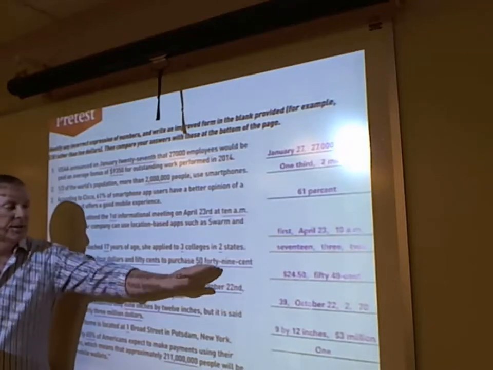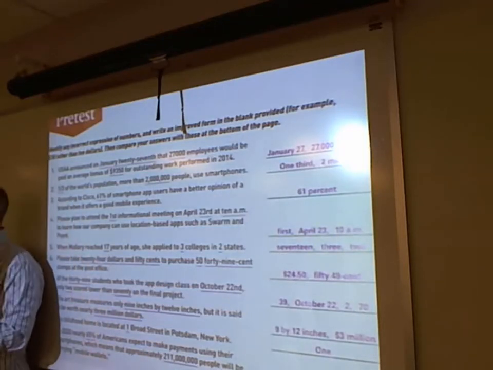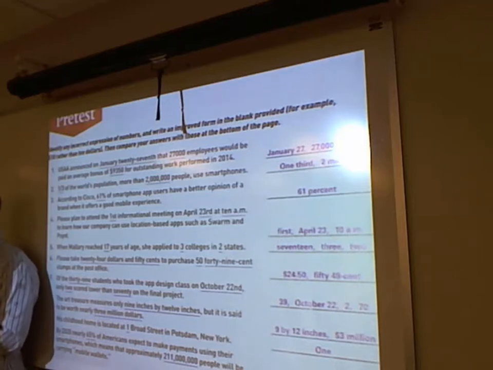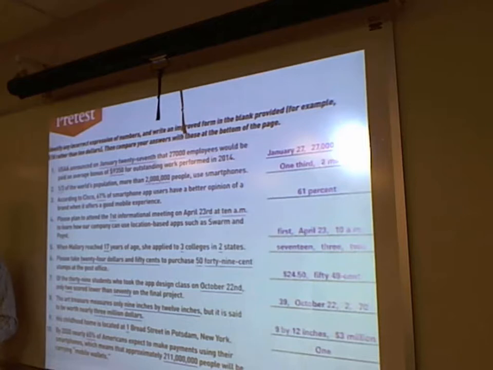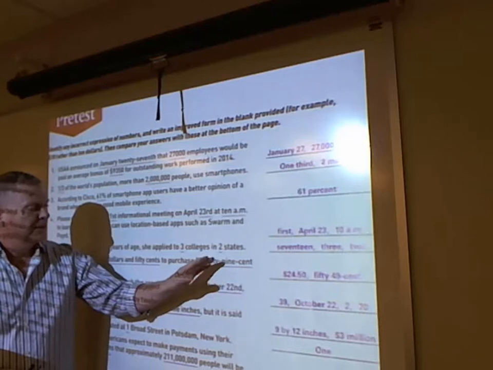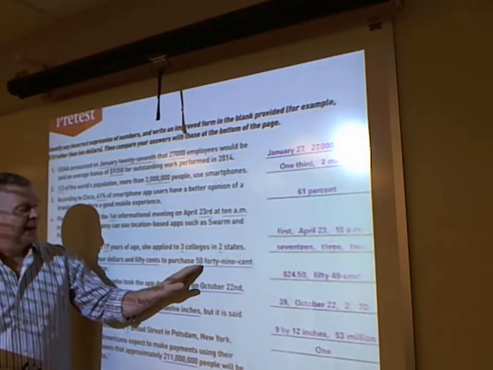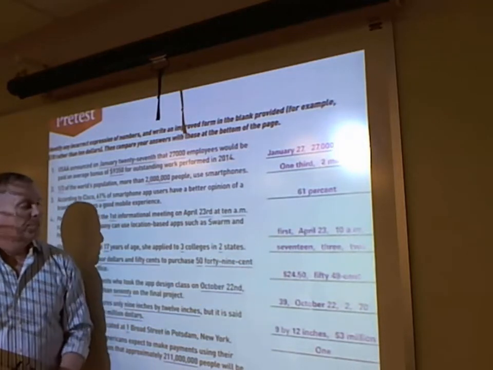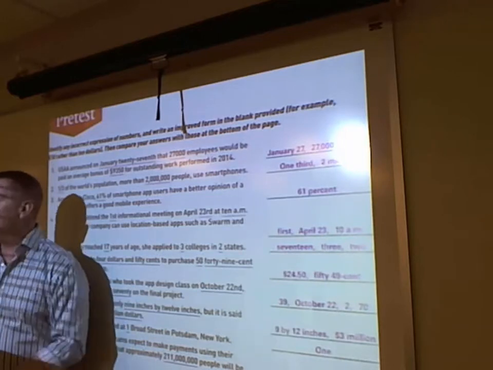The first number, if it's 2 or fewer words, then it should be spelled out as a word. The first number should always be spelled out as a word, and then the second number should be a figure, and that first number is spelled out as a word if it's 2 or fewer words.